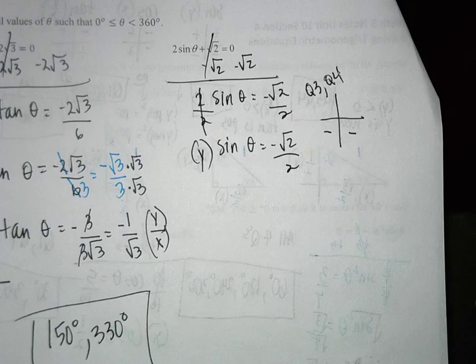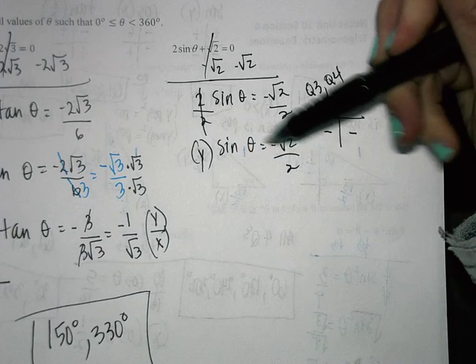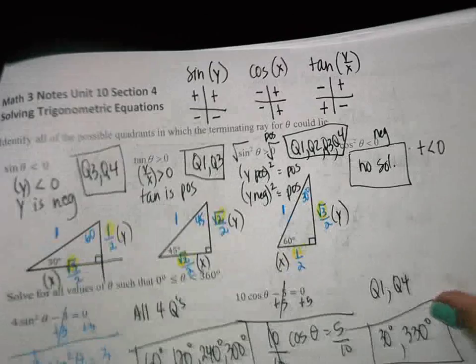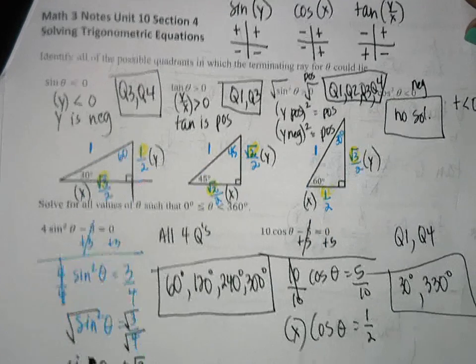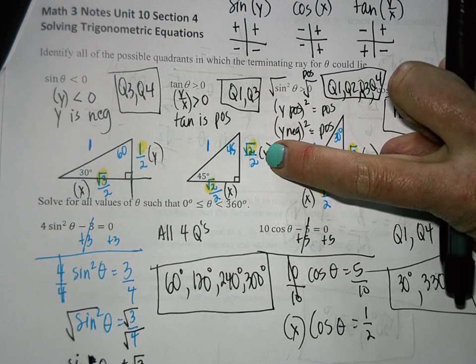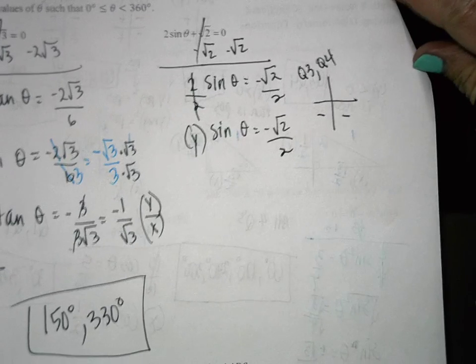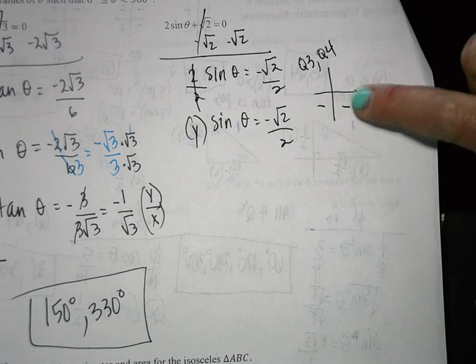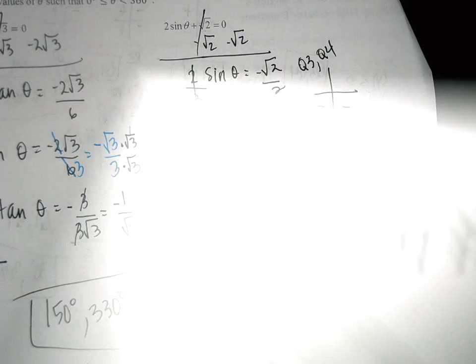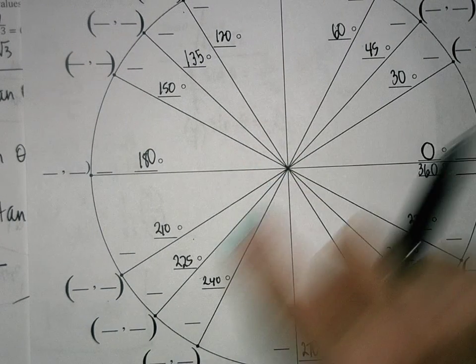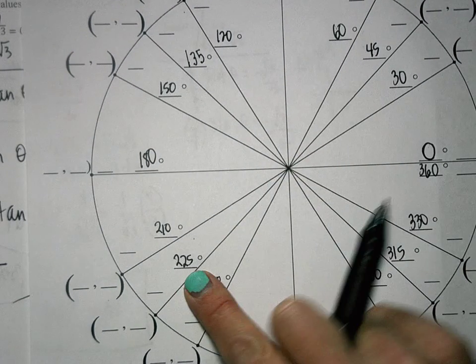So now we need to figure out what degrees we're dealing with in quadrant 3 and 4. If we go back, negative root 2 over 2, where is y root 2 over 2? And y is root 2 over 2 at a 45-degree angle. So we are looking for the 45-degree angles in quadrant 3 and quadrant 4. The 45-degree angle in quadrant 3, and your 45-degree angles are always the one in the middle, so we're looking at 225 degrees.